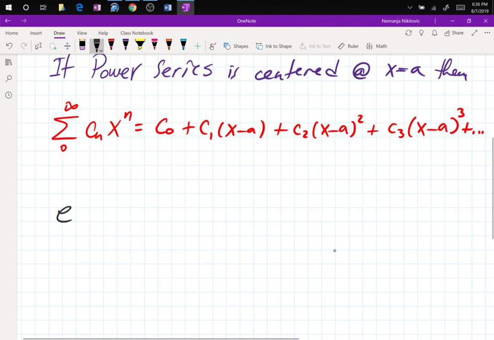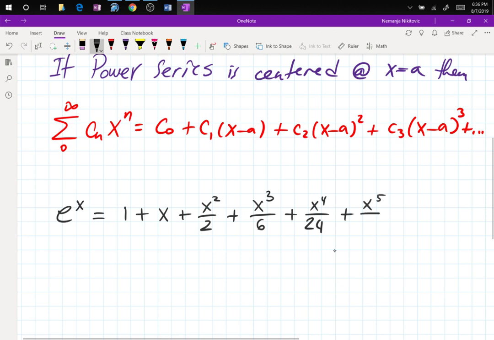I want to tell you that e to the x is given as 1 plus x plus x squared over 2 plus x cubed over 6 plus x to the 4 over 24 plus x to the 5 over 120 plus dot dot dot going forever.